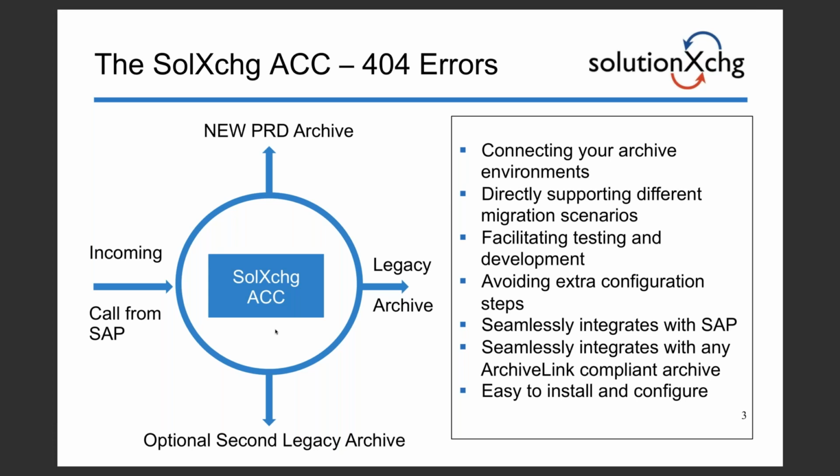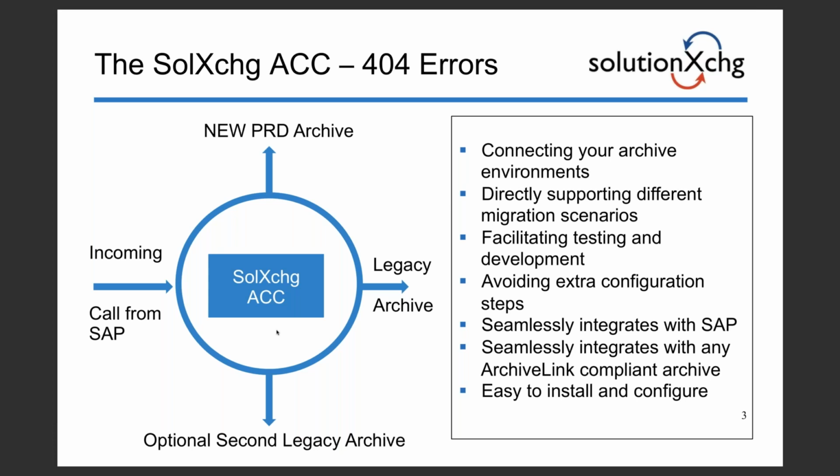What the SolutionXchg Archive Content Connector does is it connects your existing archive environment, and it can do so with multiple environments. And with that, it supports a number of business scenarios. It supports very different migration scenarios. It facilitates testing and development.